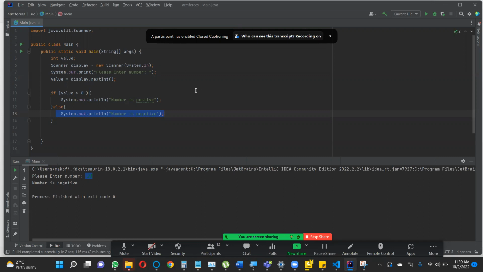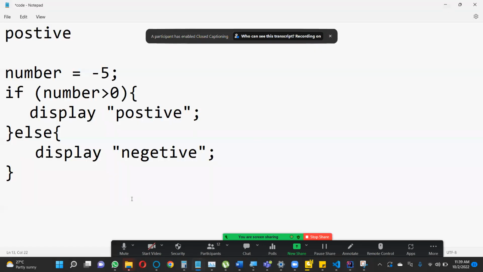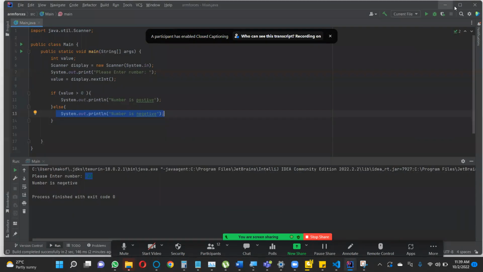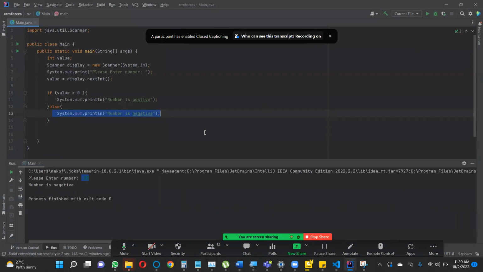Sir, I have a question. What's your question? At this point, with your code, if you type 0, what response is the code going to generate? Well, let's see what happens if we type 0. If I click here and I type 0, I'm sure it will tell me that my answer is negative, but let's see.